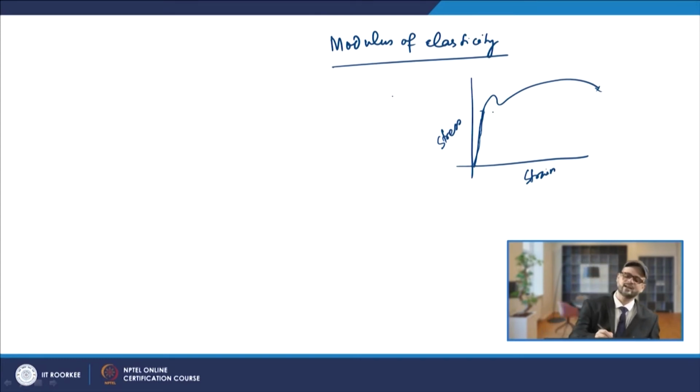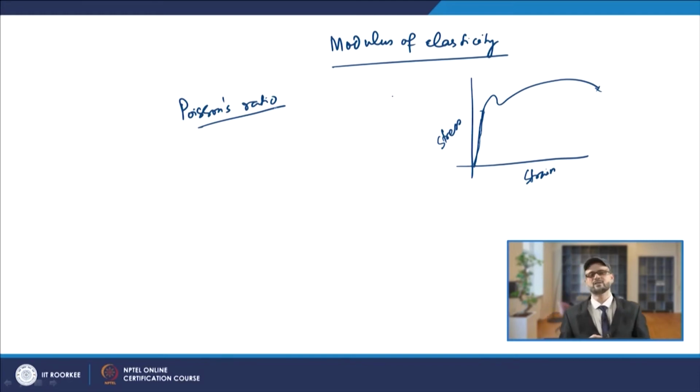Then the second point is the Poisson's ratio. As we know, the Poisson's ratio is the ratio of the lateral to the longitudinal strain.